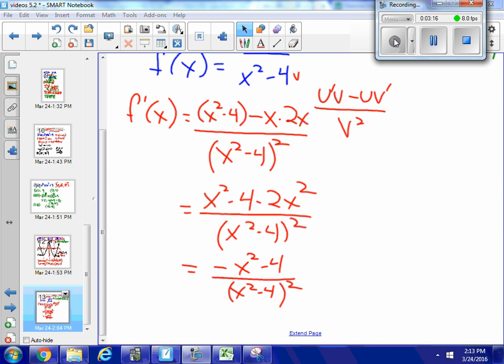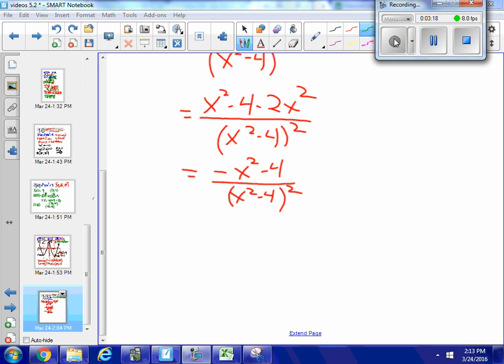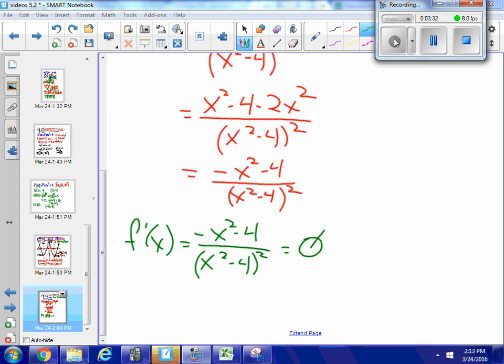So let's see if I have any critical points. Do I have any points where f prime of x, which is negative x squared minus 4 divided by x squared minus 4 squared, is there any place where that equals 0?